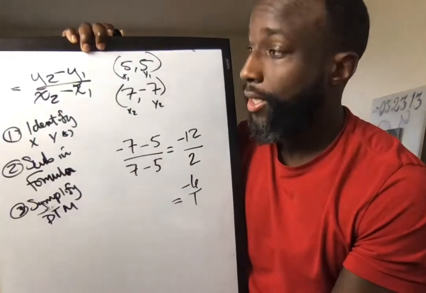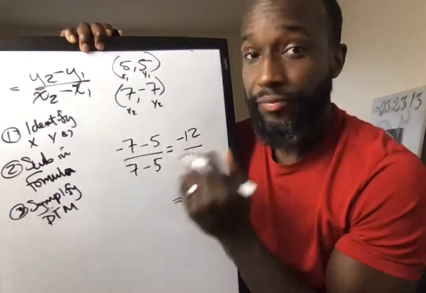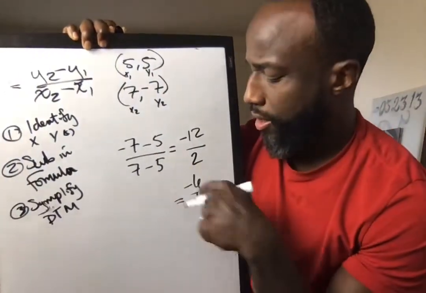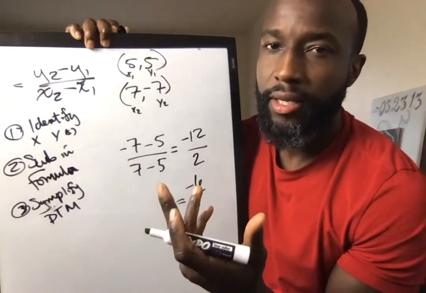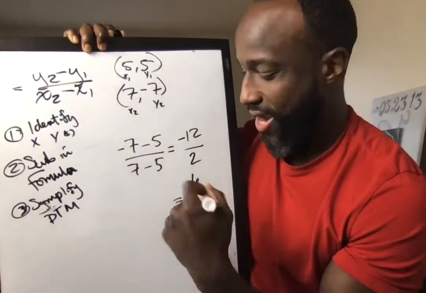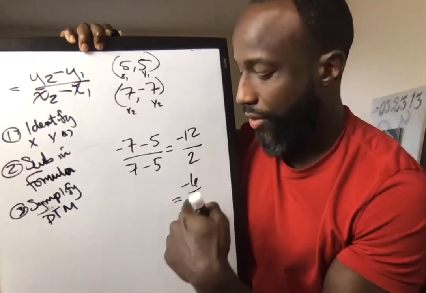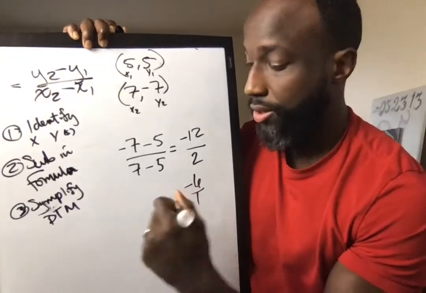Okay? Now, our line would again be going in this direction. And what you'll find is the bigger the slope, the steeper your line is, right? Because, like, again, rise over run. Rise is going to go up 6 spaces.